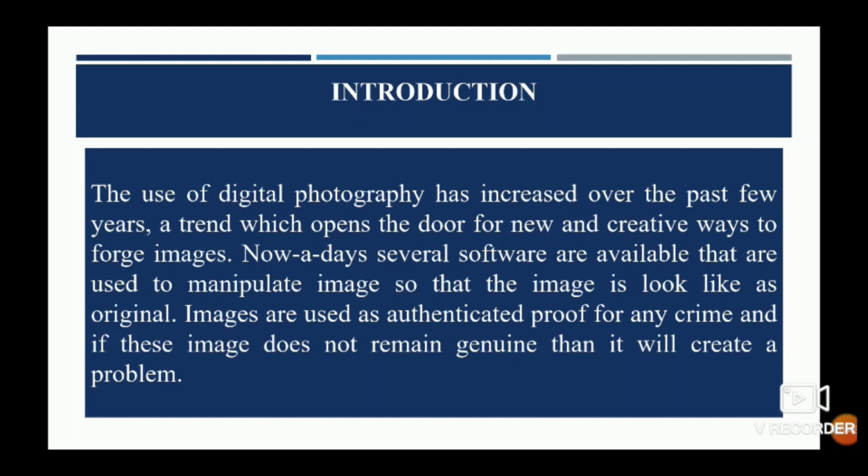And as many apps provide you with the facility of manipulating images so easily, it has become difficult to differentiate the two. So here's what our project is all about: to tell whether the image provided is real or fake. In technical terms, authentic or tampered.